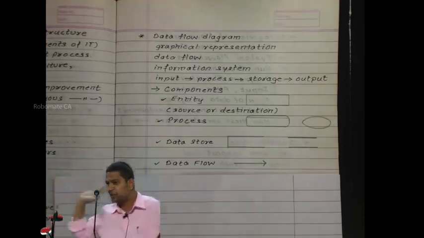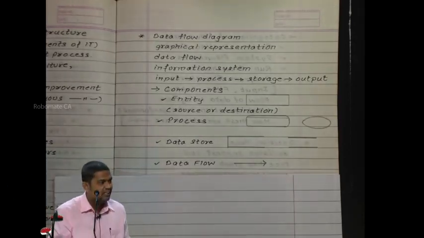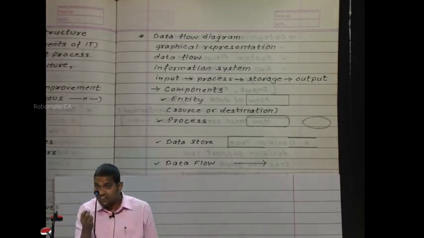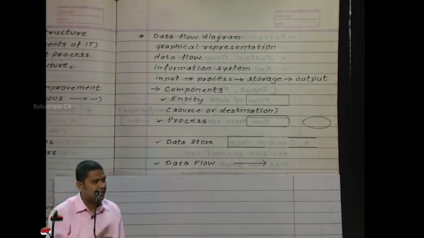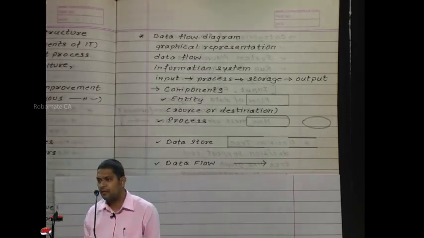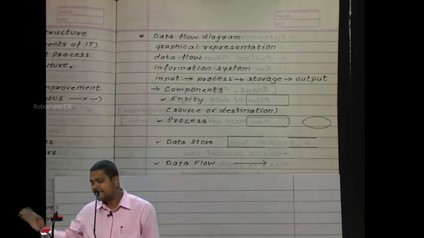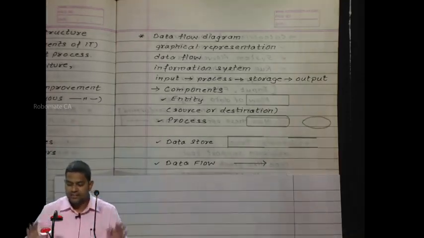Yeah, this is the process. But how that process is working, that's the core, that's the soul of data processing, that is missing. That we'll learn in the next part, the advanced version of data flow, which is a flow chart. But that's later on. First, let's try to understand this data flow diagram.